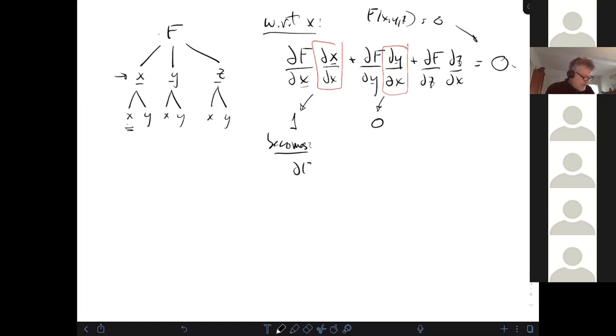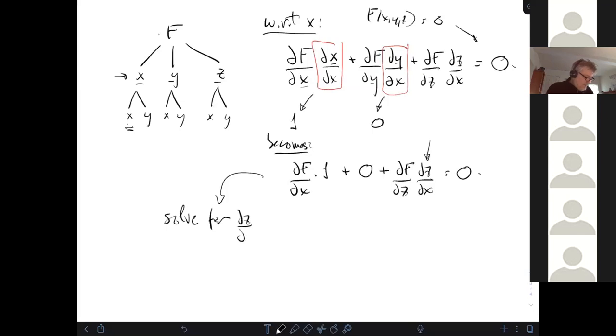It's del f del x, and I'll forget about the underline now. It's 1 plus 0 plus del f del z del x, and this equals 0. And this is what I'm after. So you see, I get exactly the same thing as in the 2 variable case.